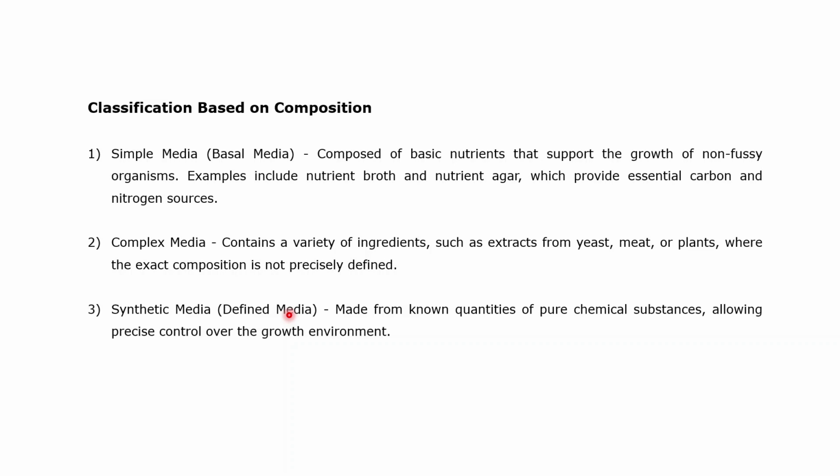If you are adding a substance B, you weigh it out, so that you know what substance B is and how many grams of that particular component you are adding to it. That's why it's called a synthetic media. A synthetic or defined media is used when you want to grow a particular species of an organism, rather than multiple species.